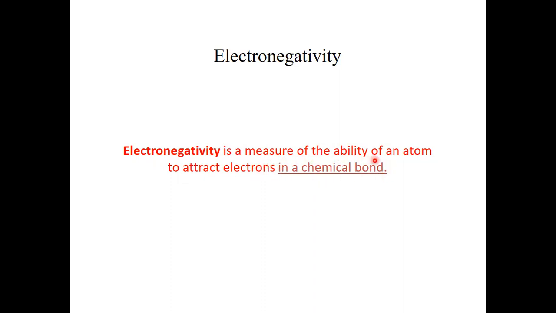Again, the ability of an atom to attract electrons is being measured, and this is similar to the electron affinity. When we're talking about the electron affinity, we look at an isolated atom. When we're talking about the electronegativity, we mean an atom within a chemical compound that is actually making chemical bonds to other atoms, not an isolated one.